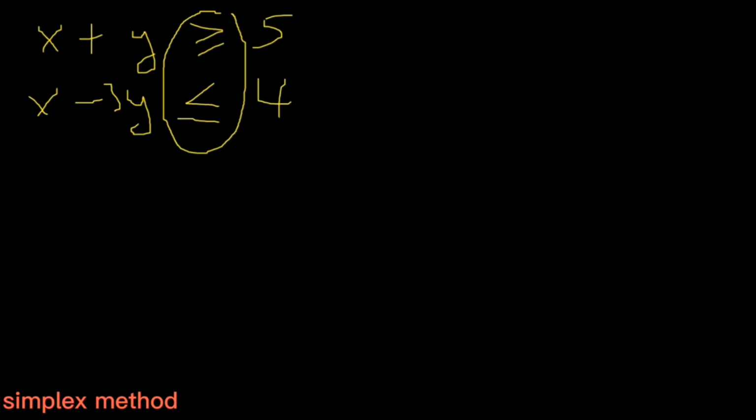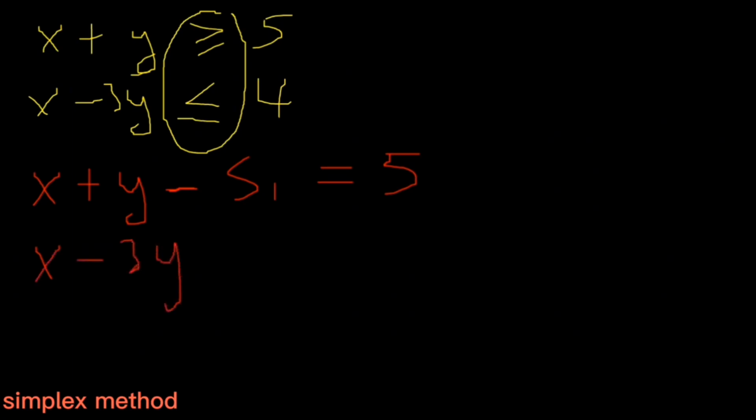Okay, but in this case, if you multiply by negative, you have a negative number here. It's not good. The thing you have to do here is what? You have x plus y, you subtract s1 on the first one is equals to 5, and on the second one you have x minus 3y. Since it's less than, we add a slack variable, that is s2 is equals to 4.